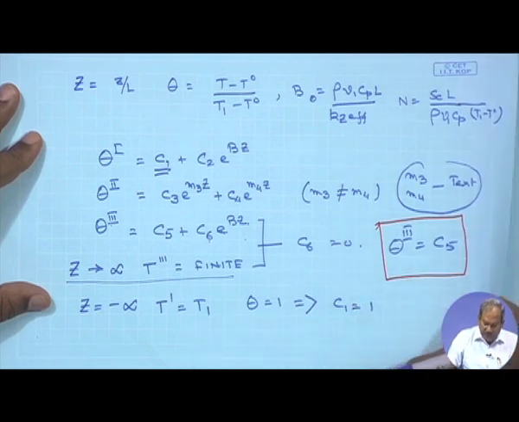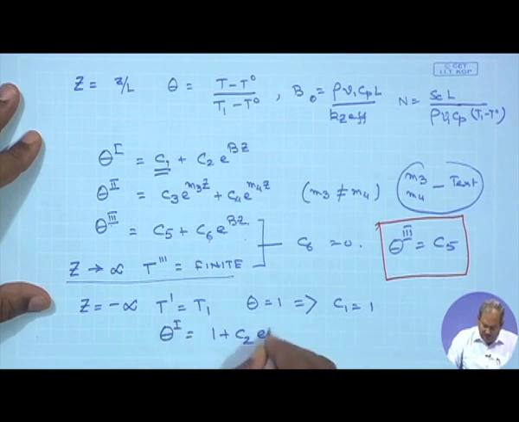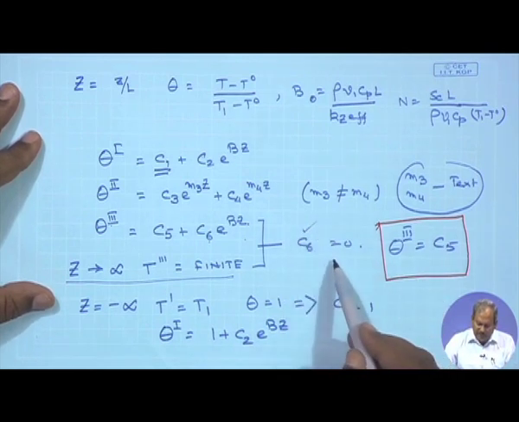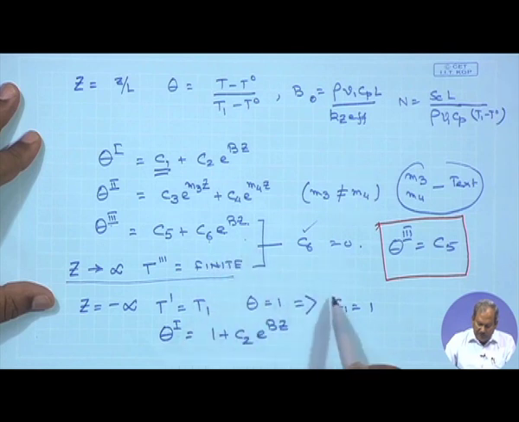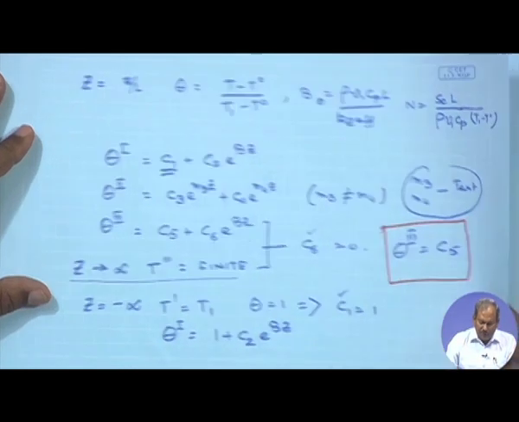So, theta 1 is simply going to be 1 plus C2 e to the power Bz. So, C6 and C1 can be easily found out from the understanding, and using the other boundary conditions, C3, C4, etc. can also be found out.